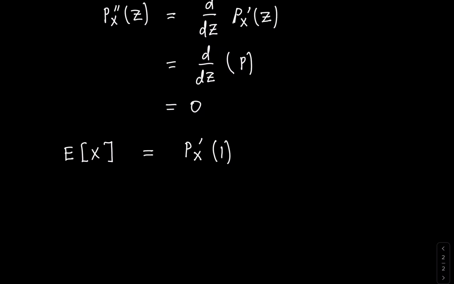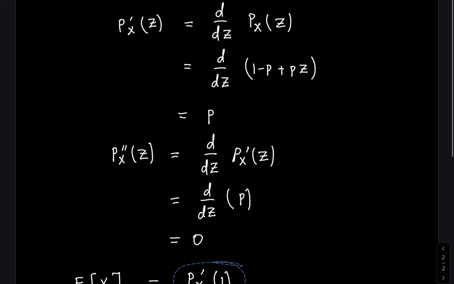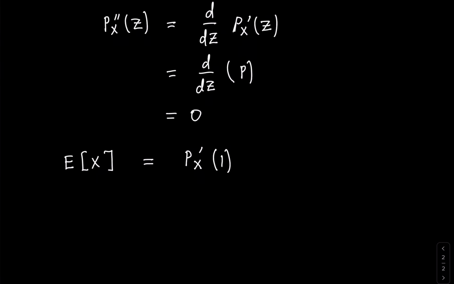Now, we know that the derivative of the probability generating function is just equal to p. Although this might seem a bit pointless, I'm going to write that it's equal to p when z is equal to 1. But p is, of course, not dependent on z, so this just simplifies down to p.